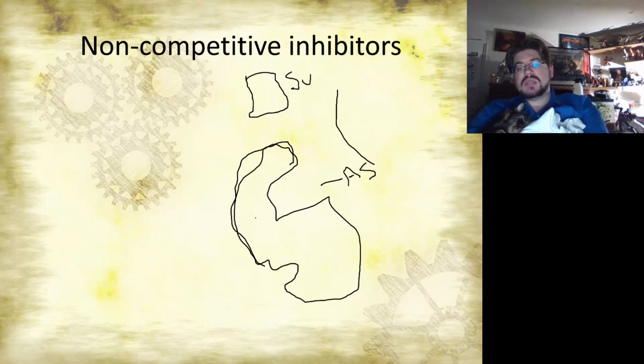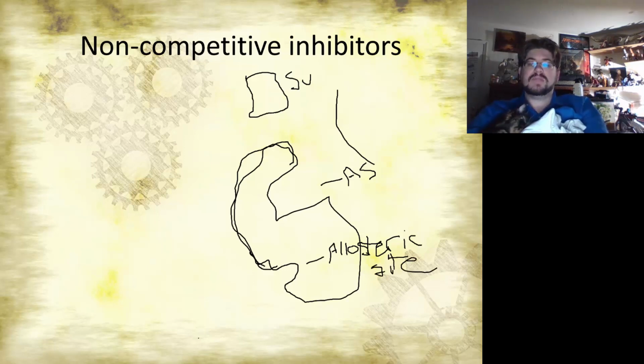And now we're going to talk about something new. This is called the allosteric site. Oh my God, this is going to take a while to spell. T-E-R-I-C. Oh gosh. The allosteric site.